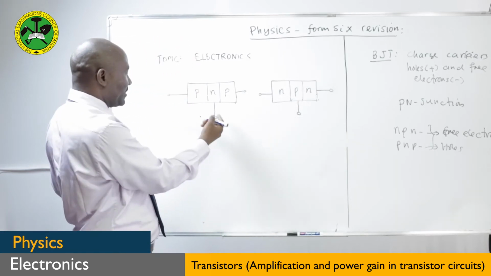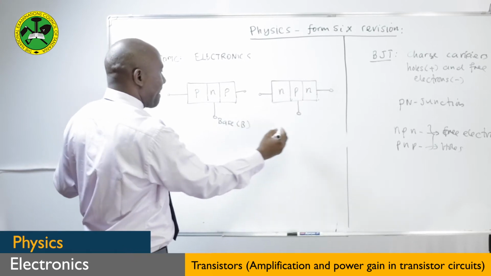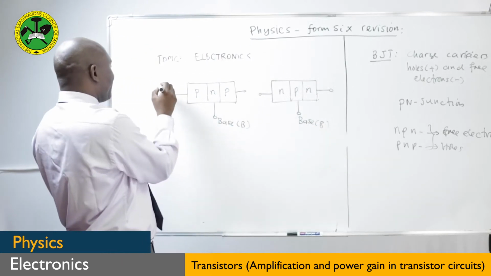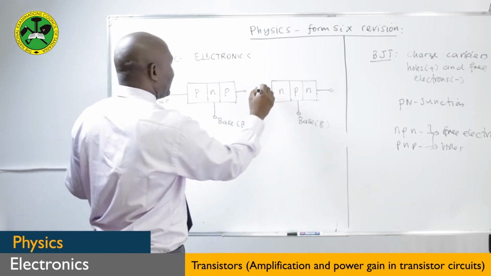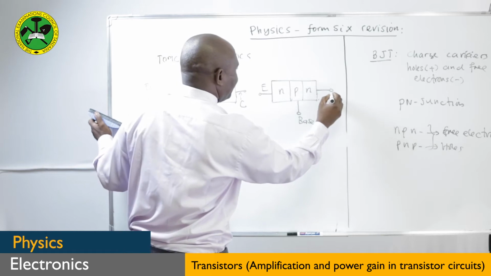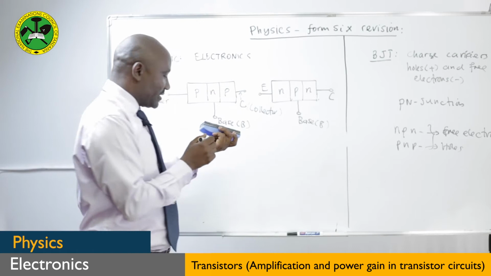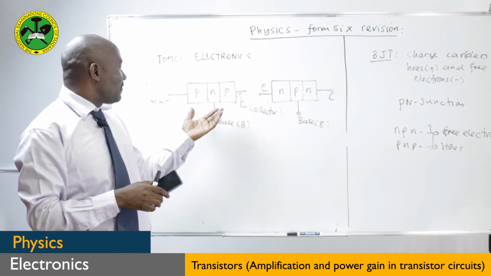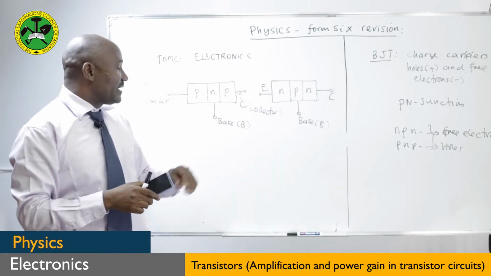This is given the name base, B. This is given the name E, emitter. And this is the collector. So a transistor is a three-terminal device which consists of the emitter, base, and collector.